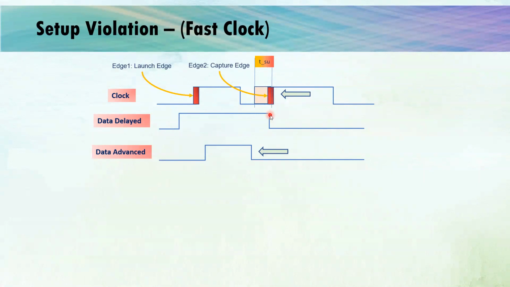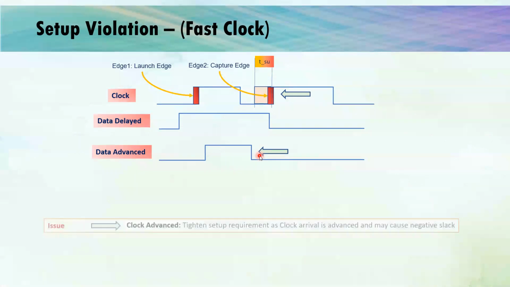But in this case, as the clock is fast, we are having a setup violation or possible negative slack. Here also, if somehow we can advance the data, we can get the positive slack and meet our timing constraint.